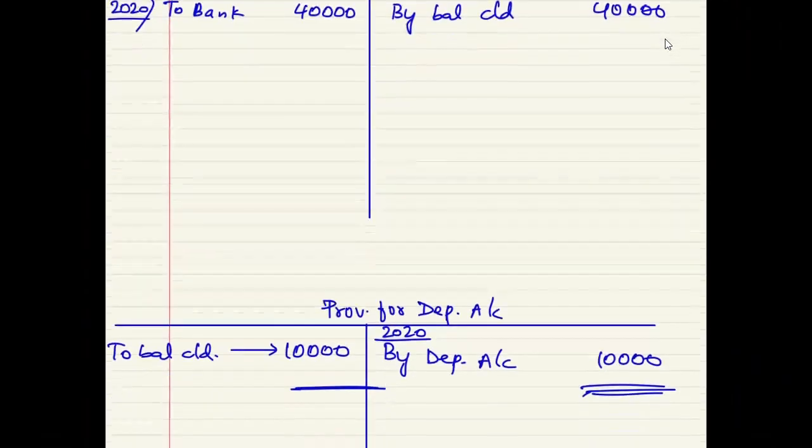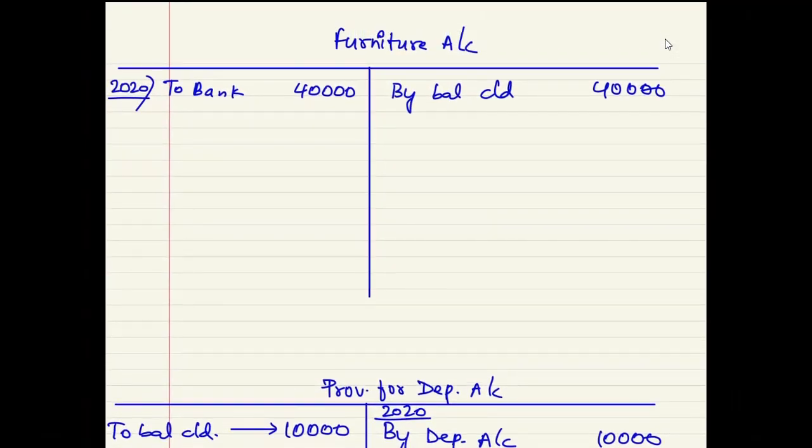So there would be no change in my furniture account. Only the balance carried down will be brought down in 2021, so to balance brought down, it would be 40,000.